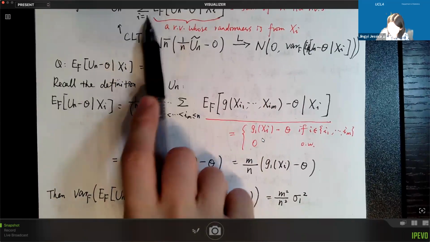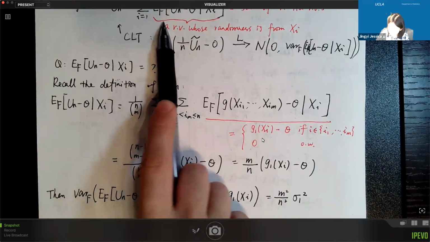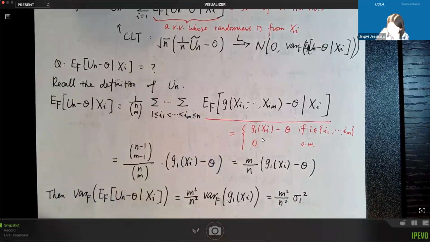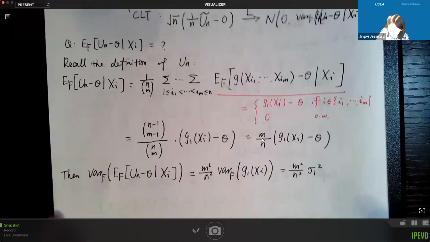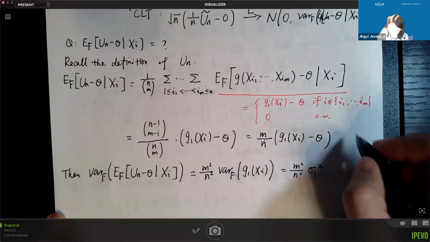Each one is IID, and then I just need to get a variance for each term. Oh, I see. I think I know what's going on here. My bad. Okay, sorry. So this is okay. These things are all correct.